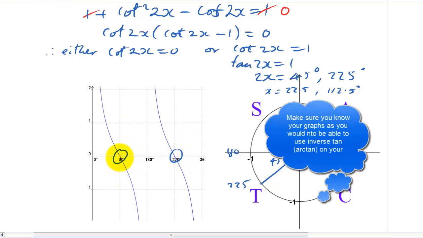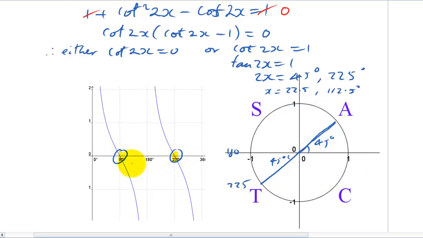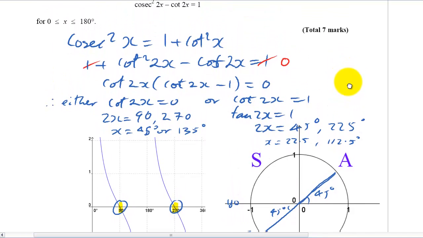So we've got these two points where cot 2x equals 0, and it happens at 90 and 270. So therefore, 2x will equal 90 or it will equal 270. So therefore, x equals 45 or 135 degrees.